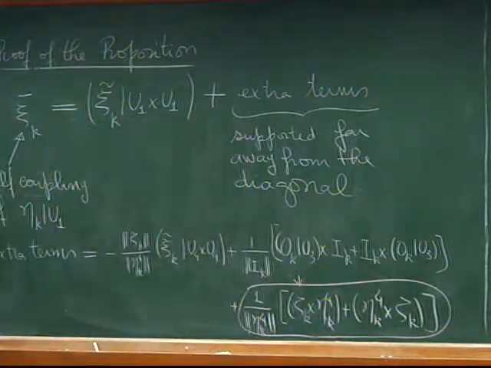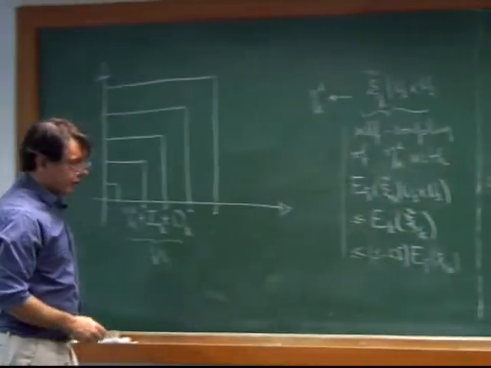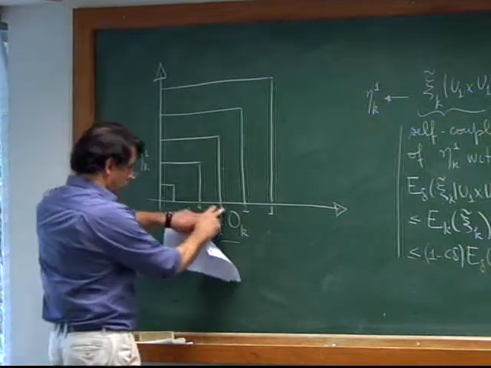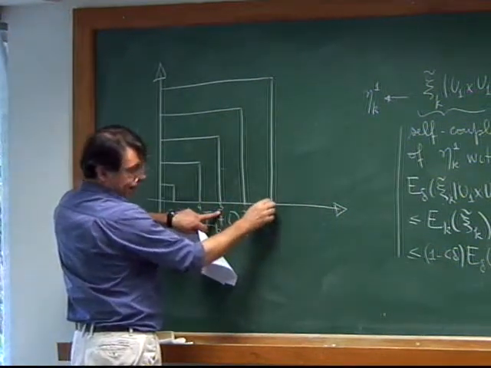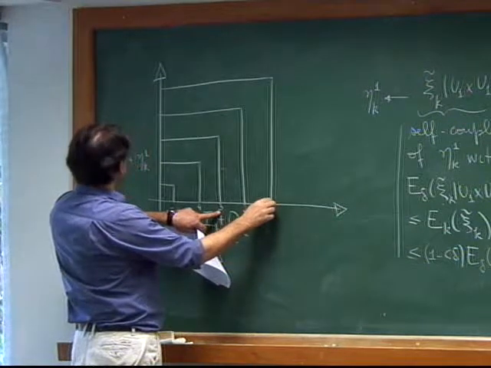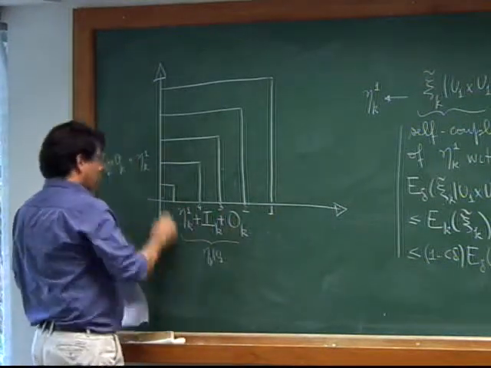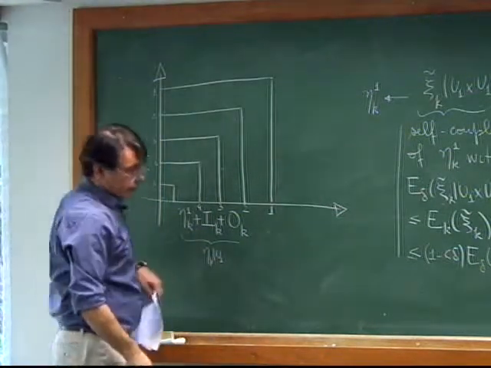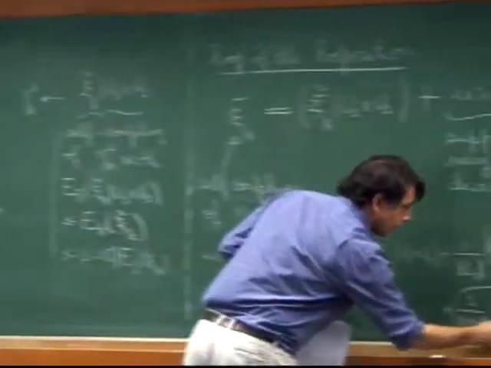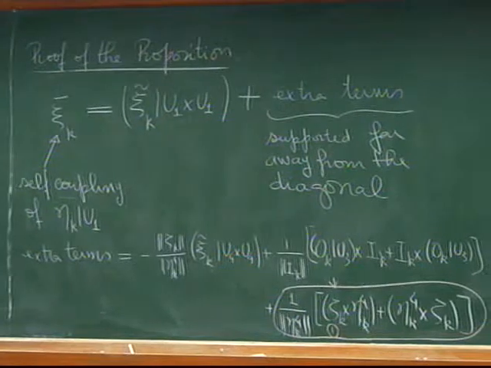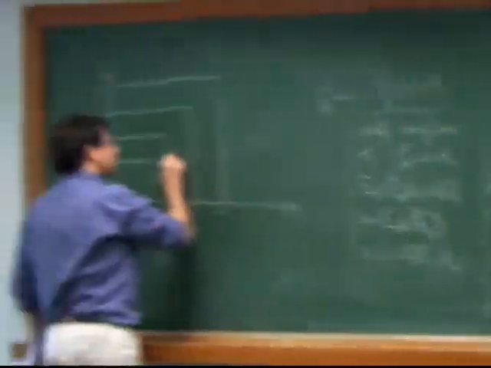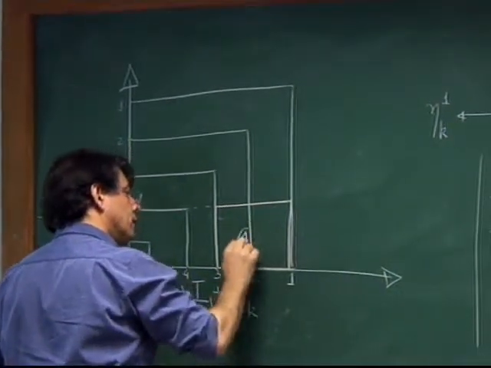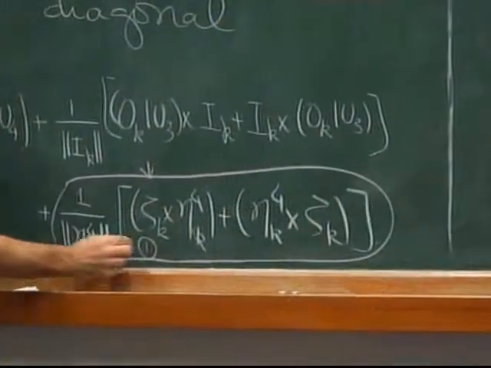Pink corresponds to the very last term. So zeta k is outside U3, and eta k4 is inside U4. 5, 4, 3, 2, 1. So that first term, this one here, lives on this domain. This one here.